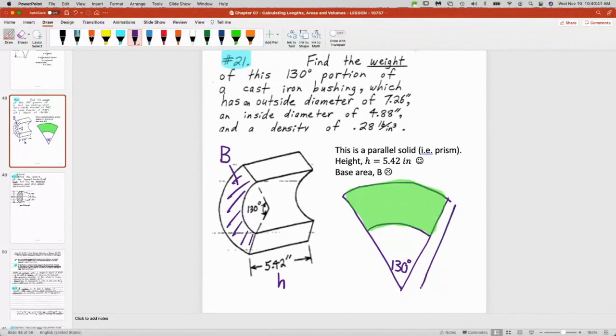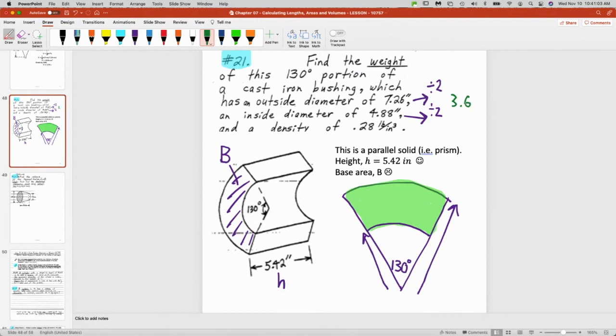Anyway, the outer radius and the inner radius. We need these radii. So if I take 726 and divide by 2, what do you get? Can someone give me some numbers on those? What is this, 3.63?